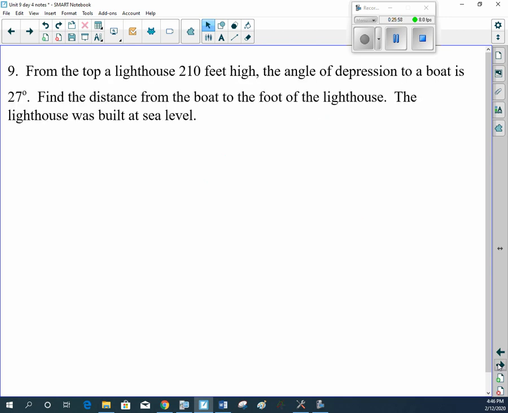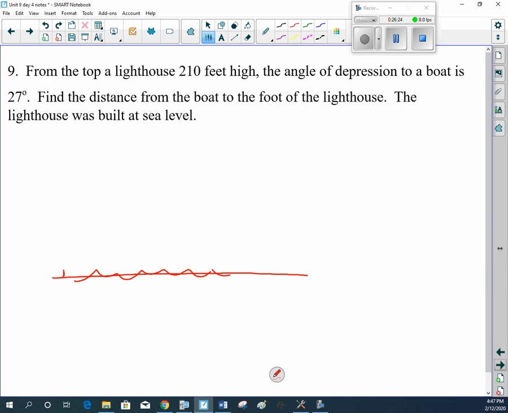Okay, one more. So from the top of a lighthouse, 210 feet high, the angle of depression to a boat is 27 degrees. Find the distance from the boat to the foot of the lighthouse. The lighthouse was built at sea level. So basically what they're saying is, here's the ocean here. Here's all our waves. The lighthouse starts on the ground.